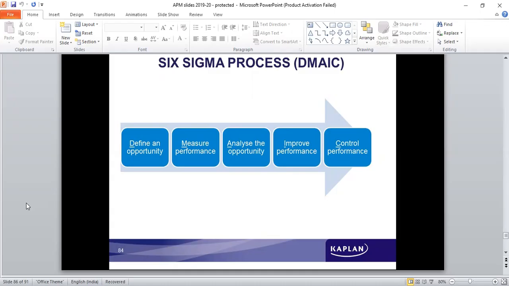So first they have to identify an area where they can work. That is what the area where they can implement Six Sigma is: defining an opportunity.